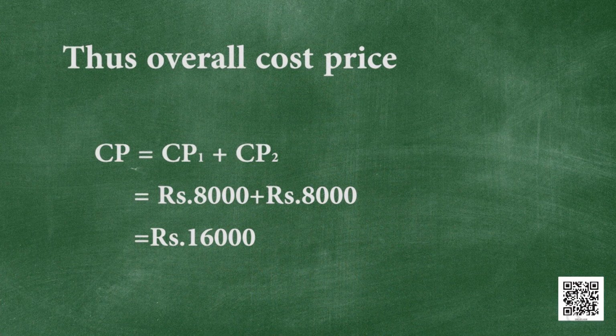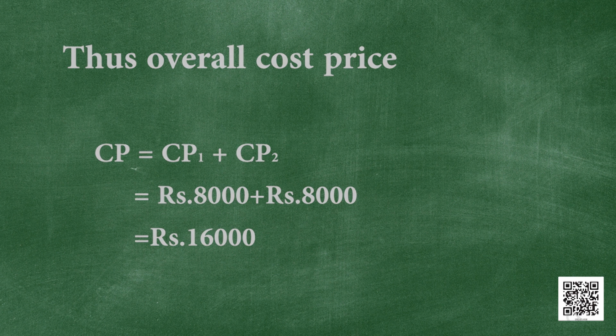Overall cost price is given by CP is equal to CP1 plus CP2, which is equal to rupees 8,000 plus rupees 8,000. So, on summing these two, we get it as rupees 16,000.